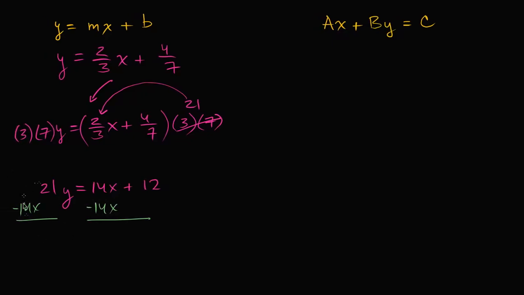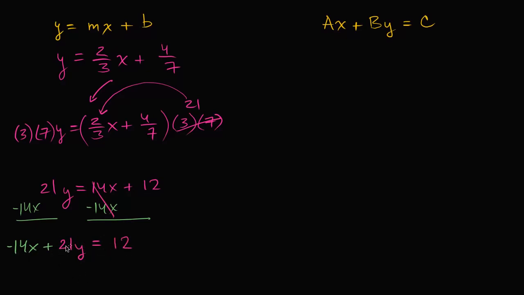So on the left-hand side, I have negative 14x plus 21y is equal to, I subtracted 14x to get rid of this, and then I have just 12. Now let's see, am I done?